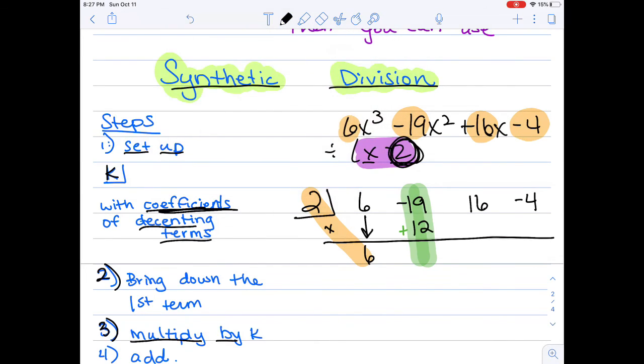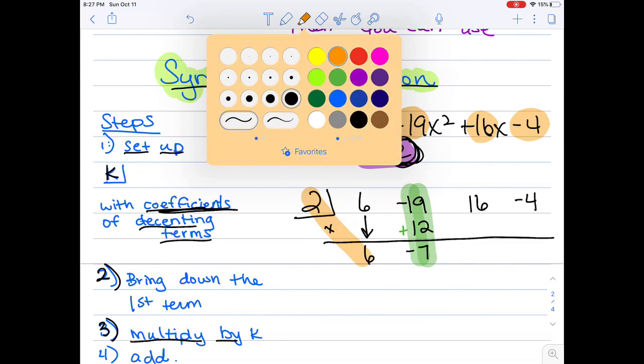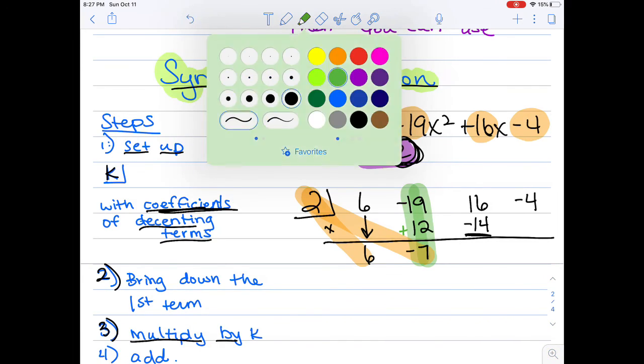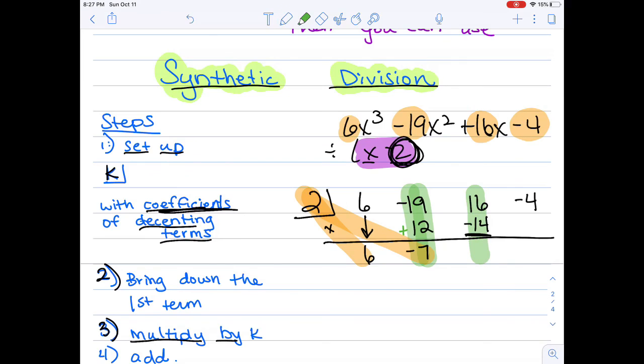So we've got negative 19 plus 12 is negative 7. And now we do this again. We multiply here to here and put it in this spot. So 2 times negative 7 is negative 14. And then we add down.